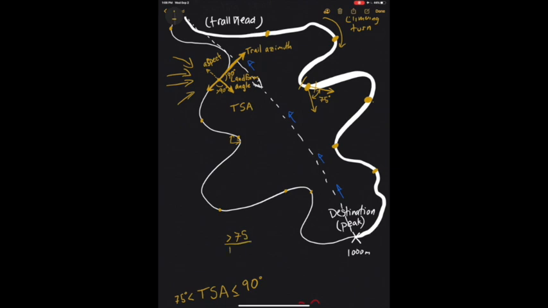And for this next point, moving towards the peak, the trail's running in this direction at that point, and the peak is not too far off of that in direction. This is less than 75 degrees. So we would do a tally on that one for less than 75 degrees.